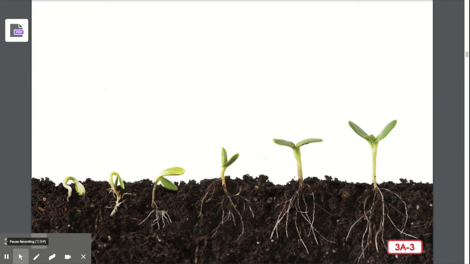Like all living things, plants live according to a life cycle. A life cycle includes the stages and changes that happen in living things. The life cycle of a plant starts with a seed.